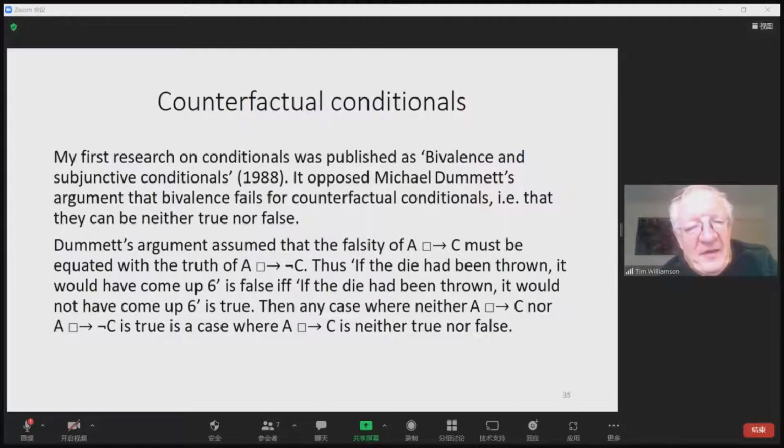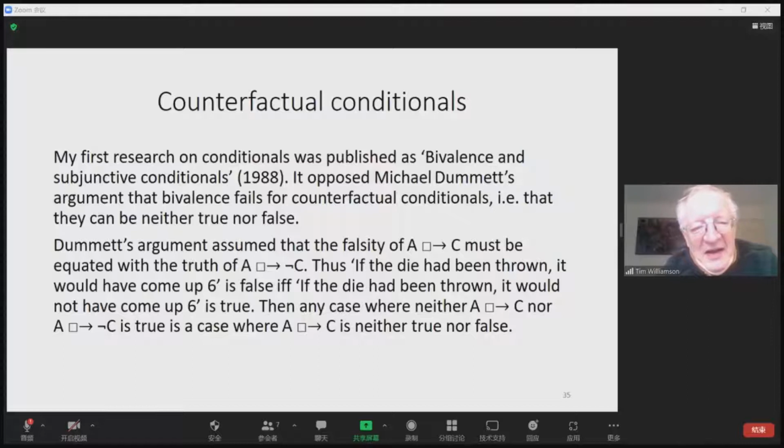But the key move in Dummett's argument was that he took it that the falsity of the counterfactual conditional, if A were the case, C would be the case, must be equated with the truth of the opposite counterfactual conditional, that if A were the case, then C would not have been the case. So, for example, if the die had been thrown, it would have come up 6, is false if and only if the die had been thrown, it would not have come up 6, is true.